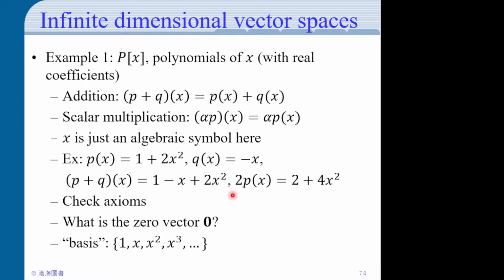Okay. And now the basis is a weird concept here because it's infinite dimensional. Because you have infinity here, the concept of basis is actually weird. But here we have something that looks like a basis. That's all the monomials.